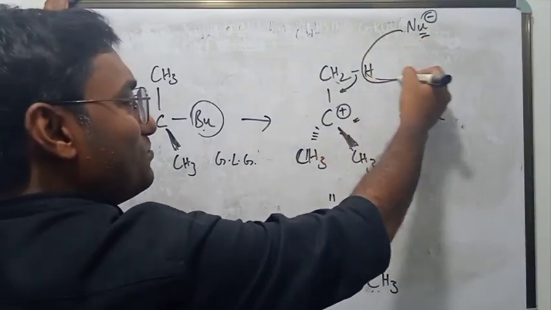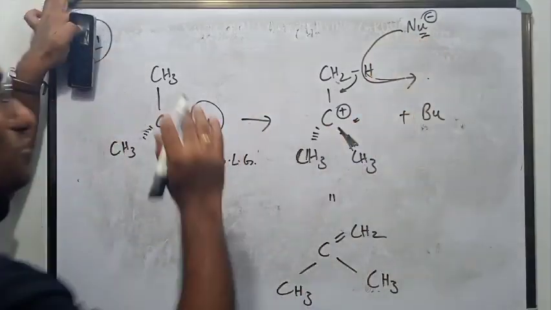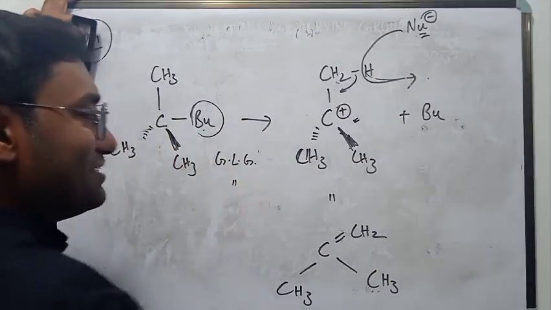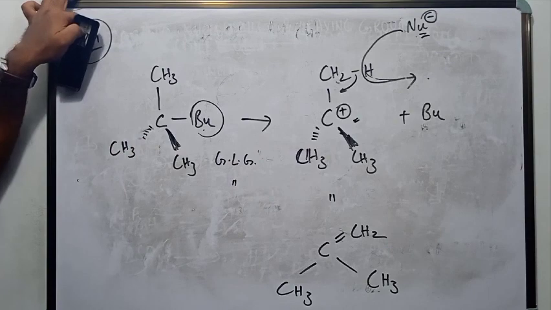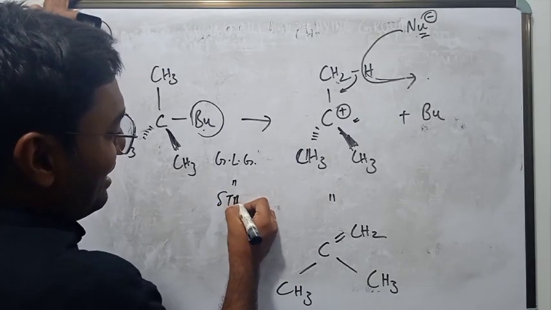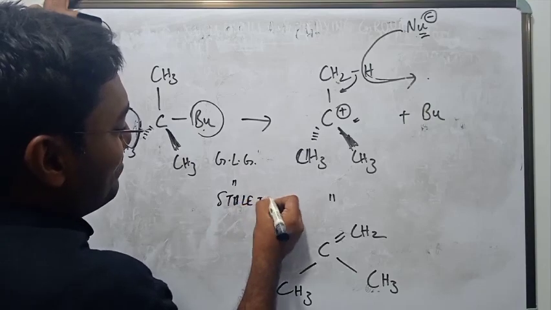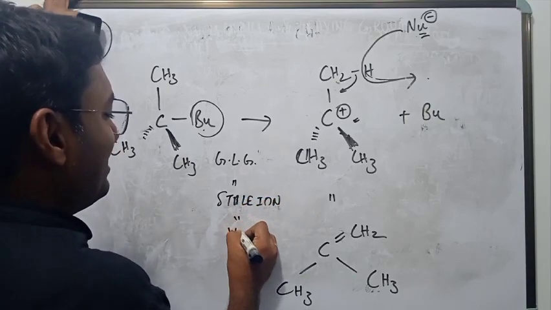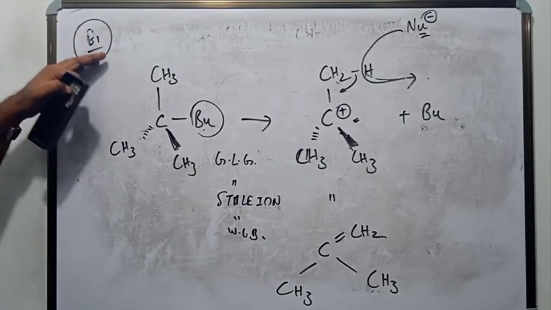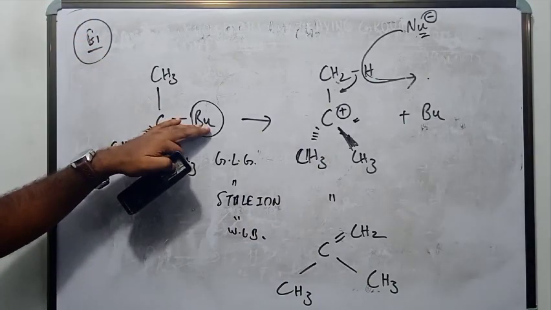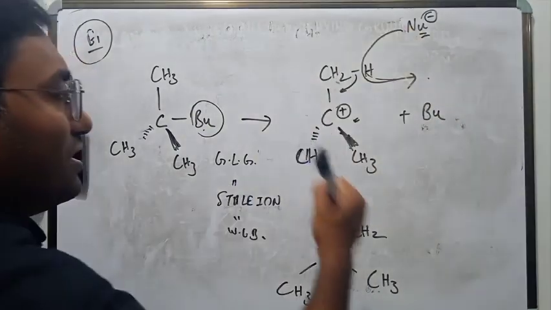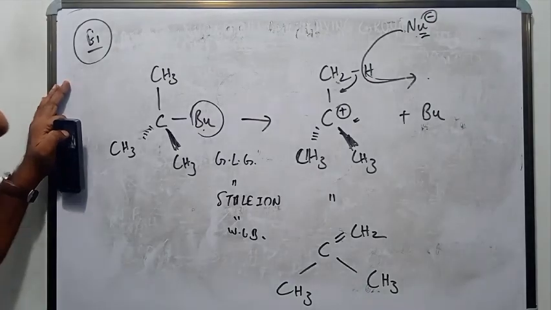It should not attack before the leaving group leaves. Good leaving group means what kind of base? Will it be a stable ion or unstable? Yes, it will be a stable ion, which means a weak base, a weak conjugate base, right? So for the reaction to proceed through the E1 mechanism, the leaving group should be a good leaving group and the nucleophile should have less strength.